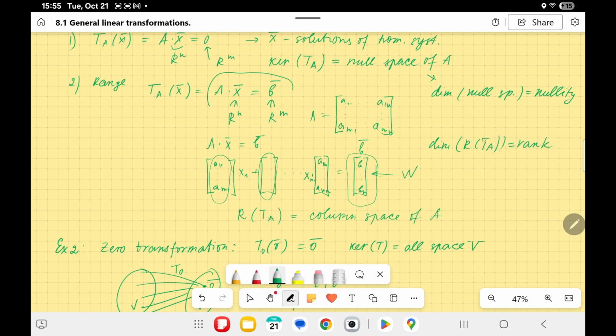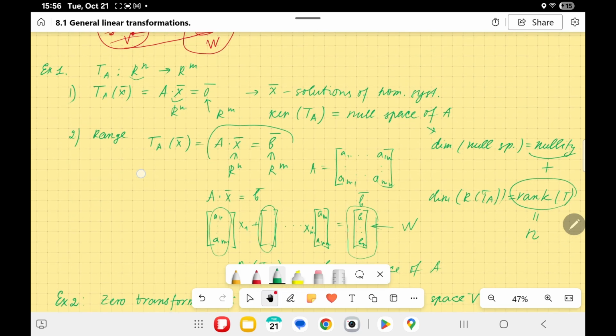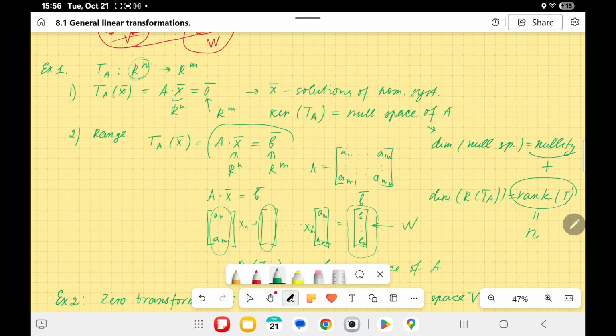In this case, rank of A, but generally it's the rank of the transformation. What is going to happen if you add nullity and rank? Remember, rank is the number of leading variables, nullity is the number of free variables. The sum of them is supposed to be equal to the number of variables, n, and that matches the dimension of the original space, n variables.